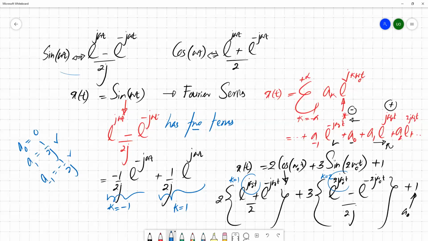So you need to find the corresponding coefficients.